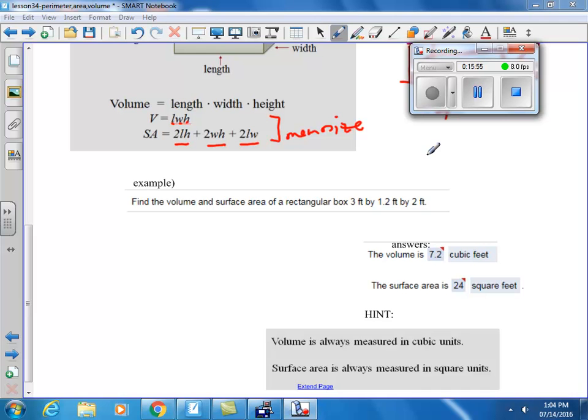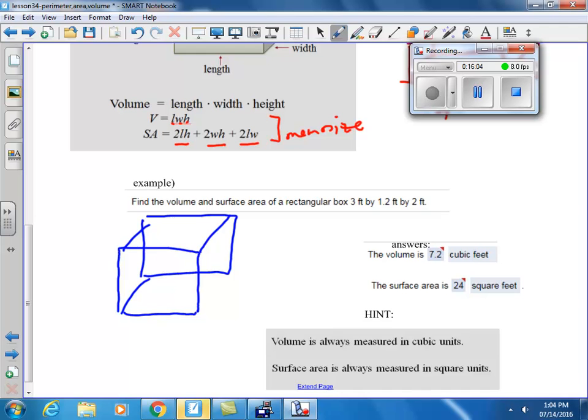So this will be our final calculation for these notes, so let's go ahead. We have a rectangular box, and you may even want to hit pause and try it on your own first, but they're telling us that it's 3 by 1.2 by 2. So 3 by 1.2 by 2, length, width, height. If I want to get the volume, I'm just going to take length times width times height.